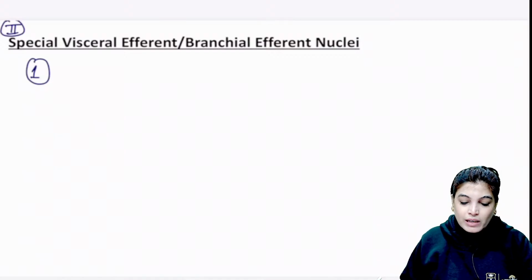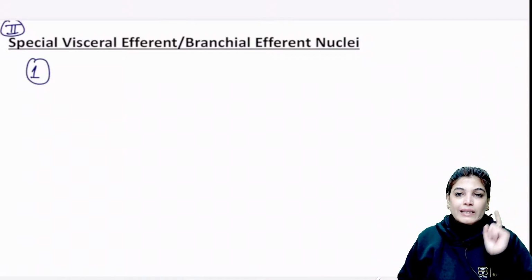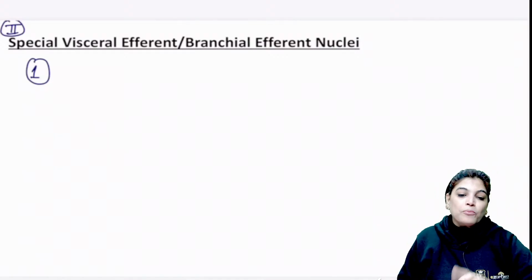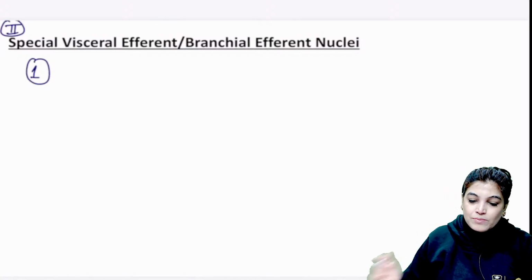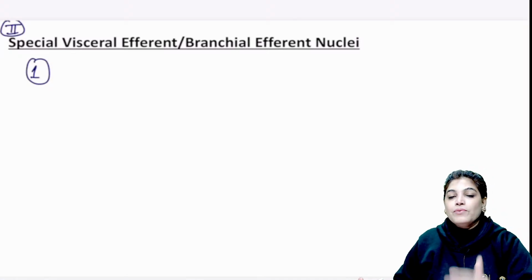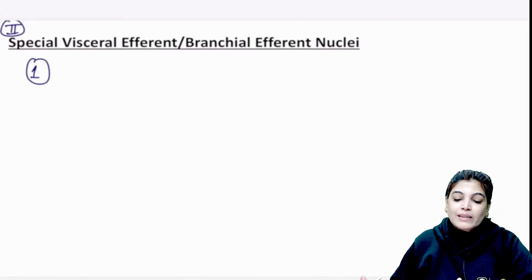So we are talking about special visceral efferent. Till now we are in the efferent, motor component only. If I talk about all the cranial nerve nuclei here, they supply striated muscle derived from the pharyngeal arches.